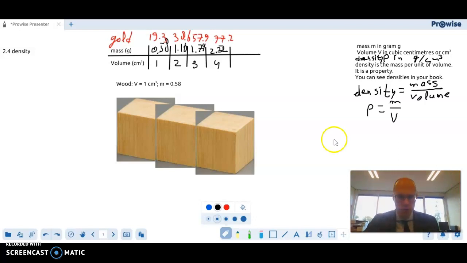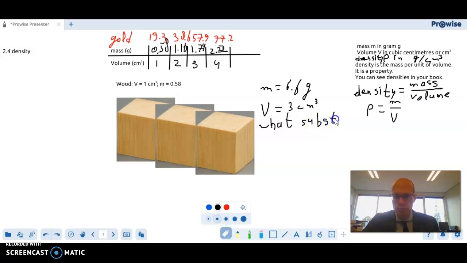So what you get is a mass of 6.6 grams, and you have a volume of 3 cubic centimeters. And if you want to know what substance this is, then you need to calculate the density.